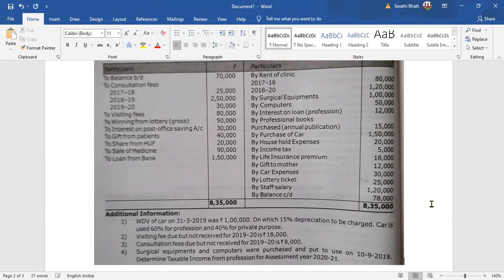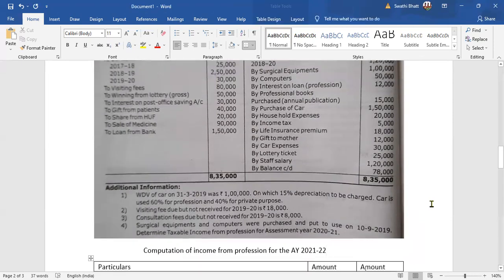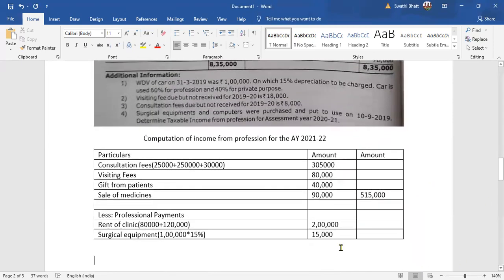We only record the depreciation on those assets. On computers, the rate of depreciation is 40%. There are a few items on which you are supposed to know the rate of depreciation. So on computers, it's going to be 40%. So you can calculate depreciation on computer.